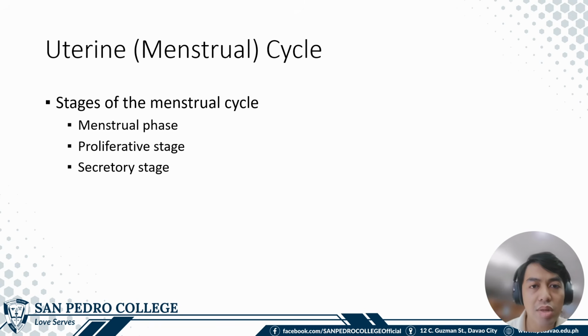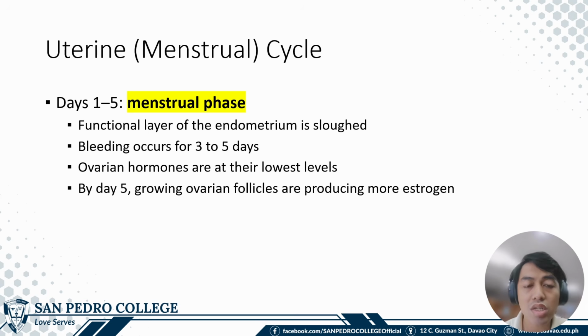So the stages of the menstrual cycle include your menstrual phase, proliferative stage, and secretory stage. The menstrual phase starts with the first day of menses, which can last for 3 to 5 days.